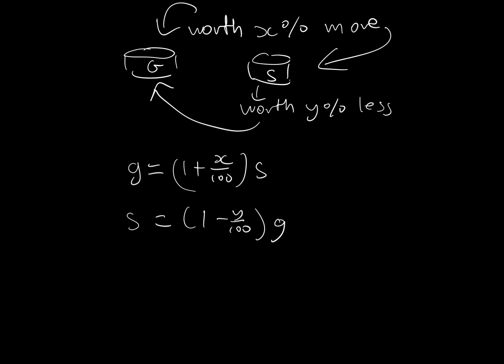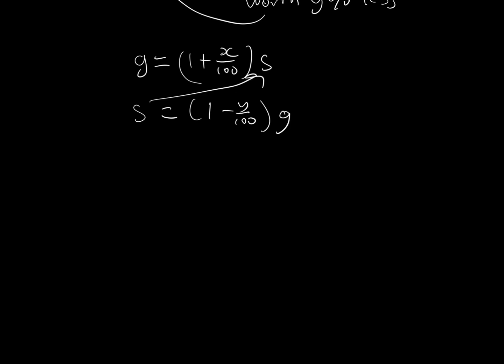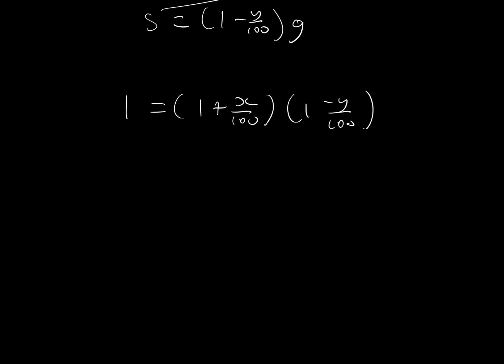So we can input S into here to give us 1 plus X over 100 times 1 minus Y over 100 times G. But there's already a G here, so they cancel and equals 1. Now if we multiply by 100 squared, we get 10,000. We can change this to 100 plus X, so everything is neat.